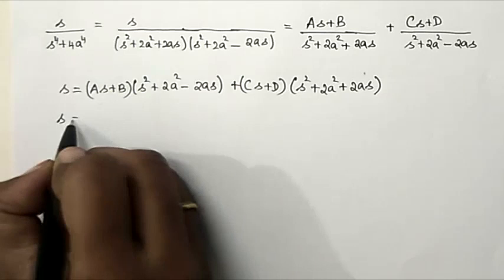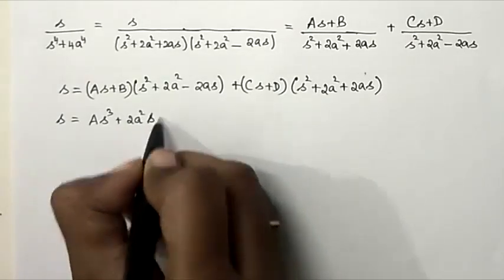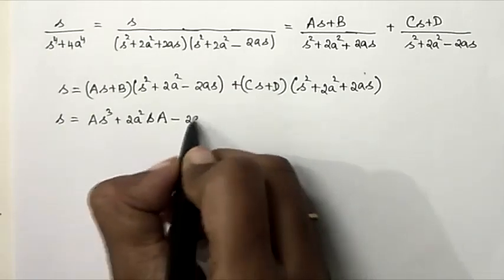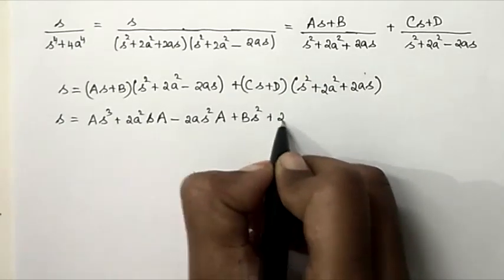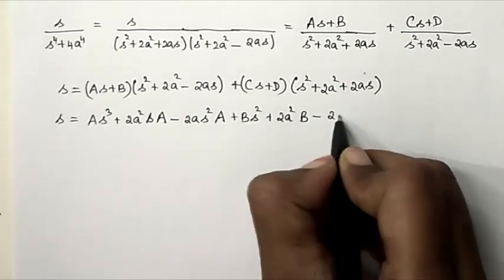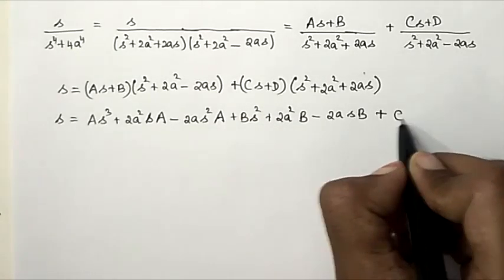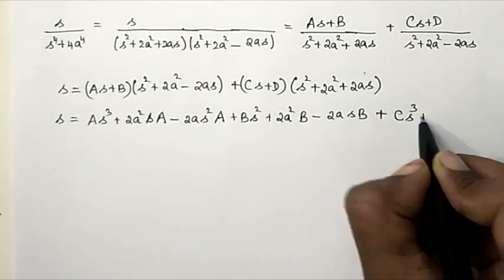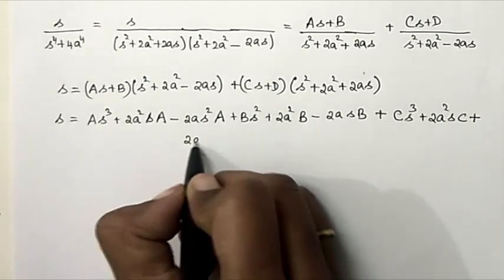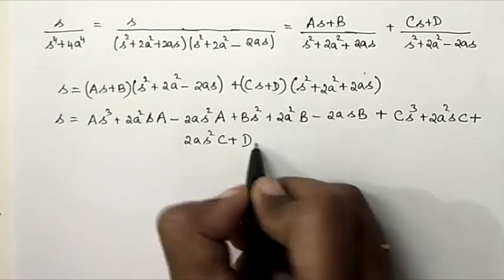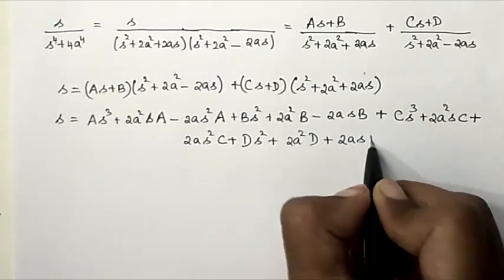So s is equal to As cube plus 2a square sA minus 2as squared A plus Bs square plus 2a square B minus 2asB plus, now multiplying these two terms, I will get Cs cube plus 2a square sC plus 2as square C plus Ds square plus 2a square D plus 2asD.